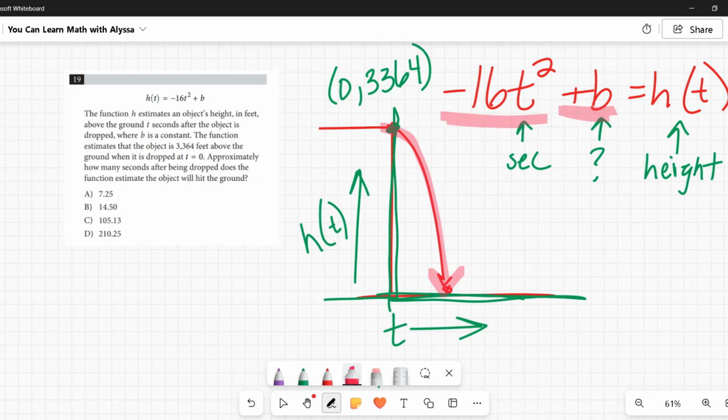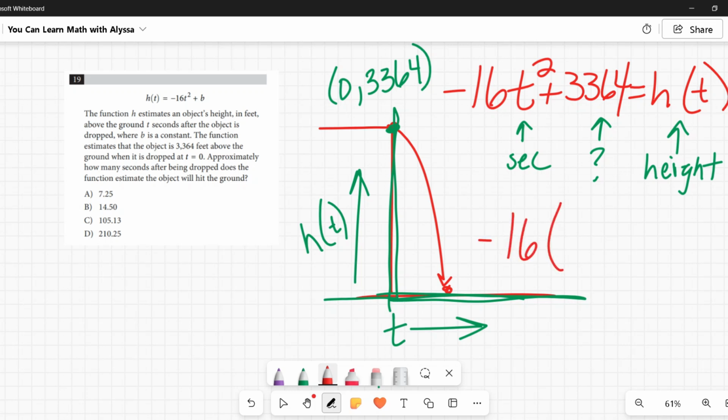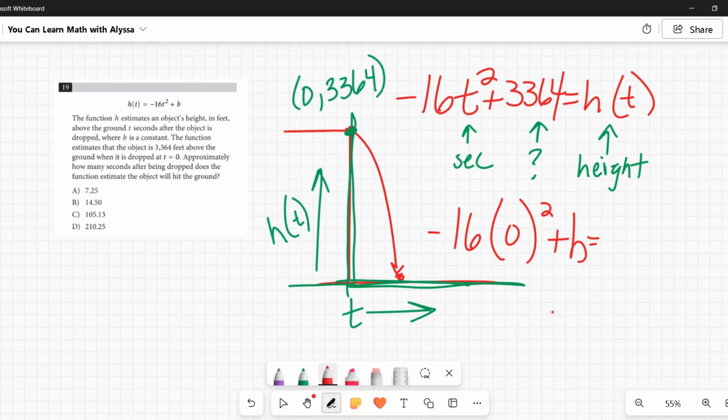This b, I know, is the number that moves the function up or down. So here it moved up 3,364. So now I know my b is 3,364. And if you didn't know that fact about how functions move based on these numbers, you could have put in a 0 for t, plus b, and you know the height, h of t, is 3,364.